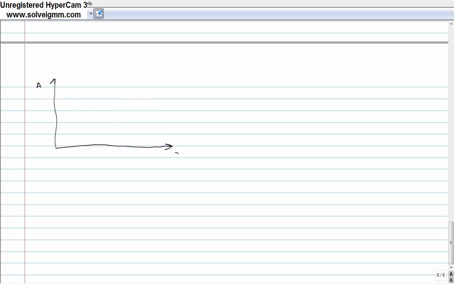Here's amplitude, here's frequency. It's going to look something sort of like that. And I'll put in some dotted lines so that you can see what is going on. So this is for a low-pass filter.